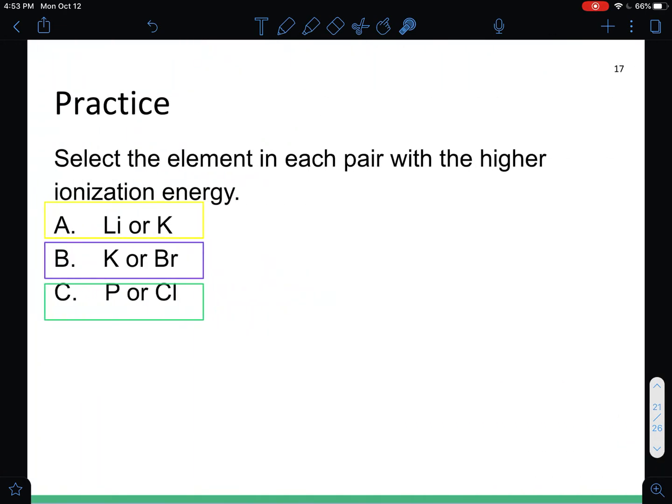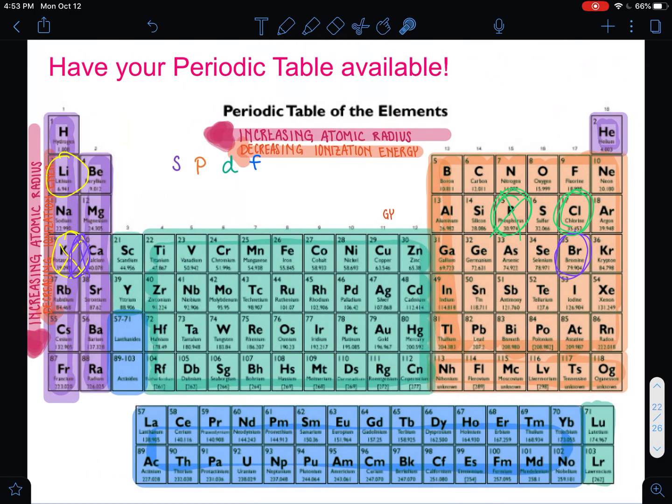All right, again, let's get some practice, this time with ionization energy. From each of these pairs, I want you to select which element has a higher ionization energy. All right, let's see how you guys did. So all of the answers will be the exact opposite.